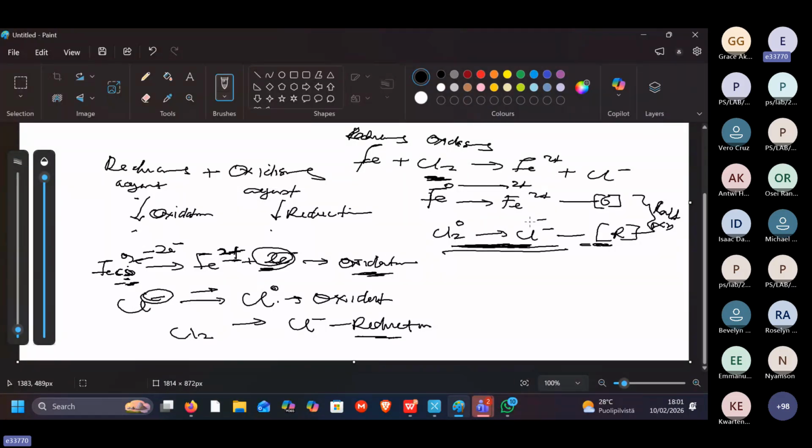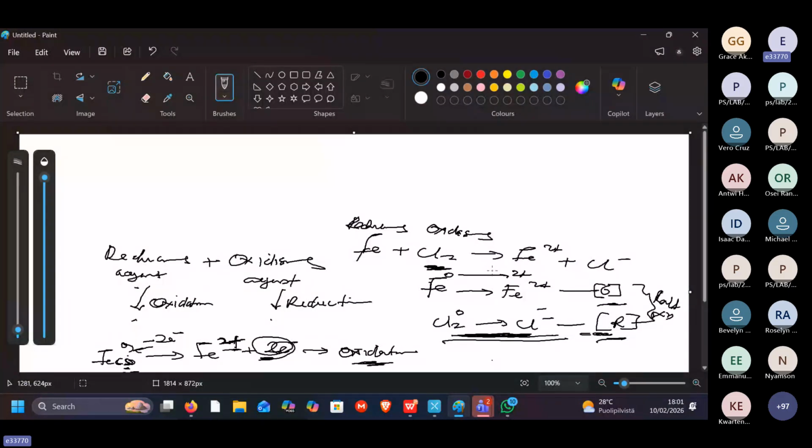To balance this equation, we have to separate it into its half reactions, the oxidation and the reduction reaction. After separating, we can balance each separately, and then bring the equation back to the original form.